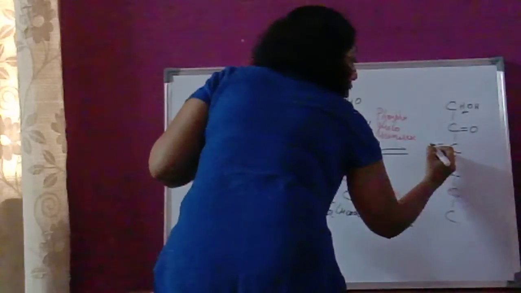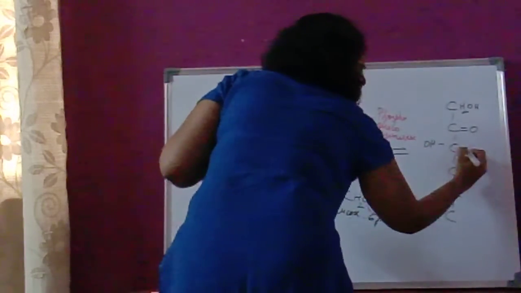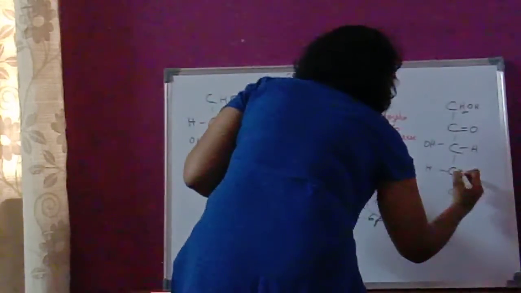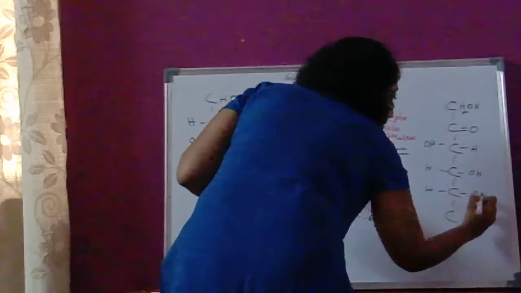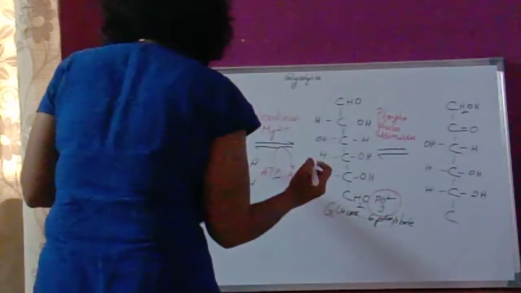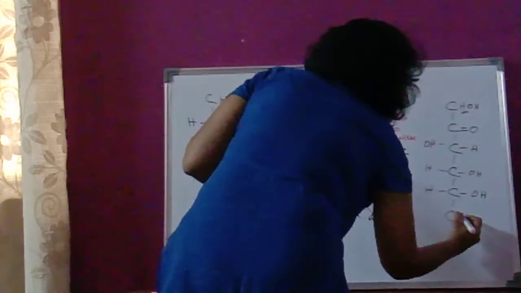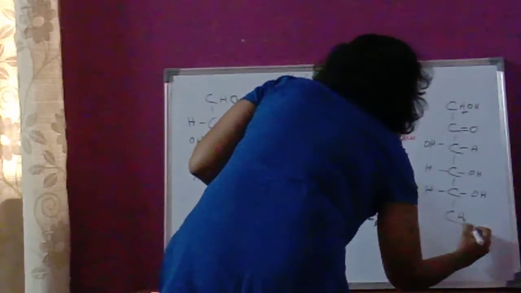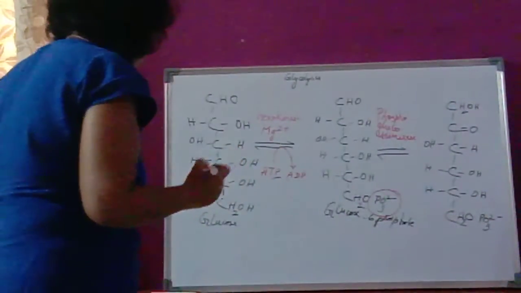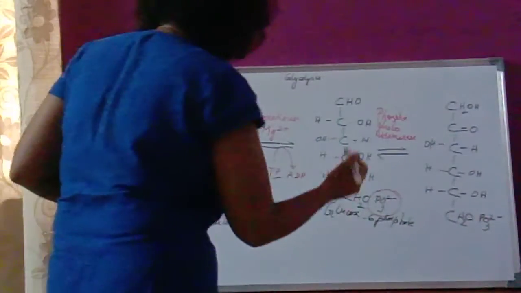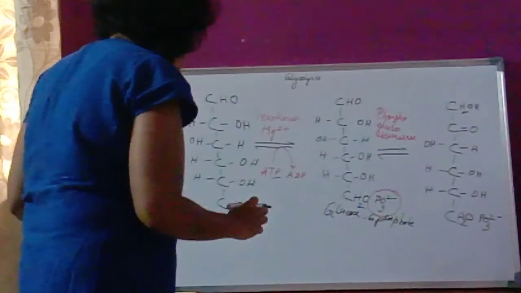Third carbon atom, always it is HOCH. Fourth carbon atom, CHOH. Rest of the things are the same, CHOH and CH2OPO3 2 minus.